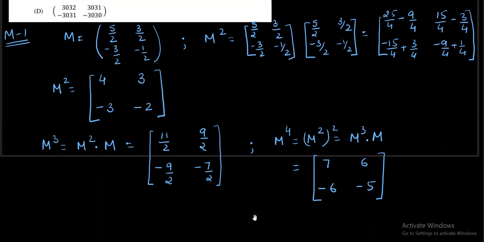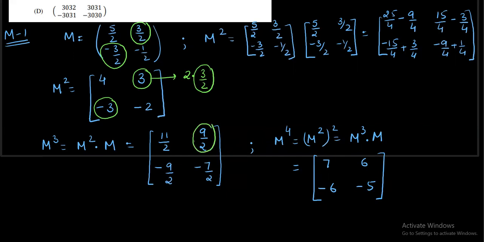So let us find out the relation between the elements that we have here. Starting with M, look at this entry 3/2. This is the negative of 3/2. Coming to M squared, this is 3, this is minus 3. But this 3, can I write it as 2 times 3/2? Coming to M cube, again, these entries I'm going to check. 9/2, can I write it as 3 times 3/2? Similarly, this 6 is nothing but 4 times 3/2.